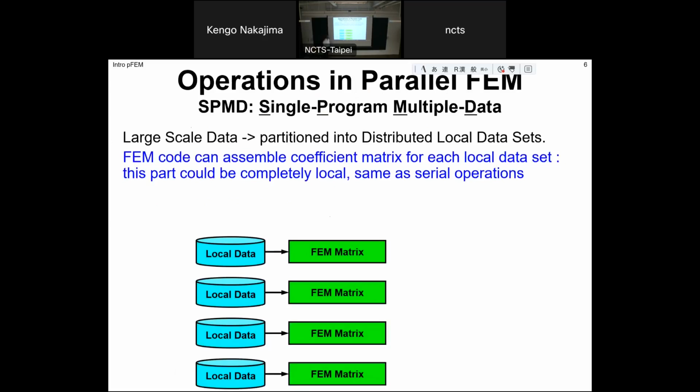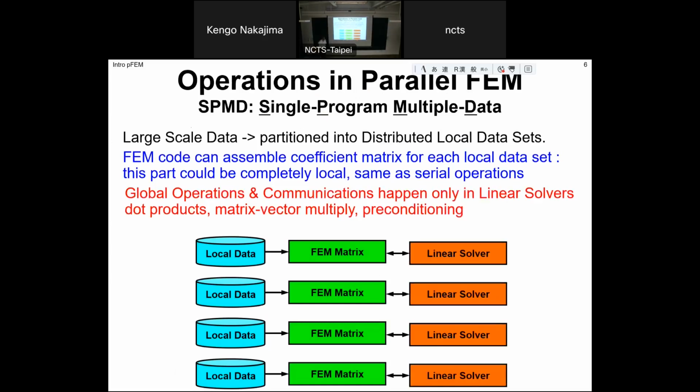This part can be completely local and the same as serial operations. If you remember the matrix assembly part, it is based on element-by-element computations: we compute the element matrix, then accumulate it into the global matrix. So this part is done in a totally parallel manner.